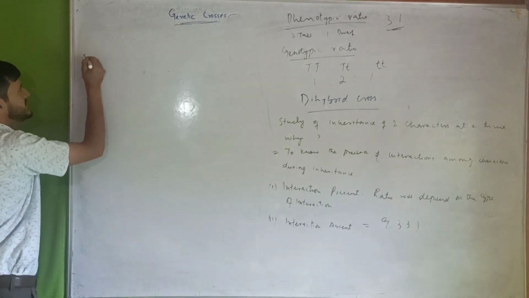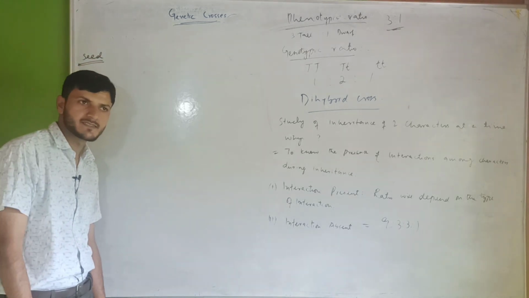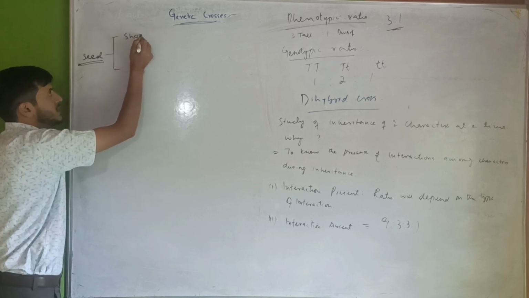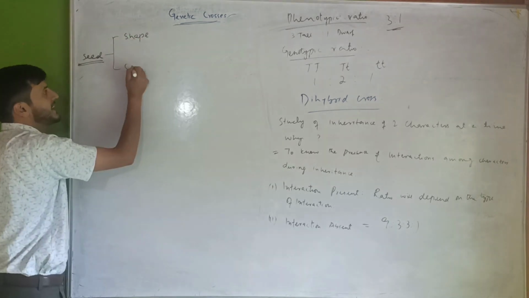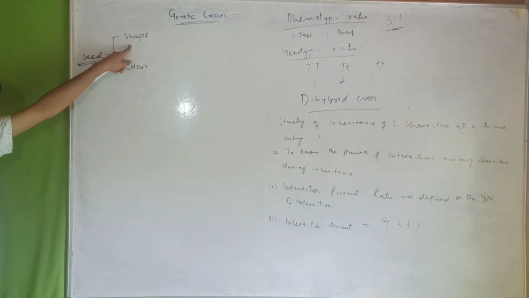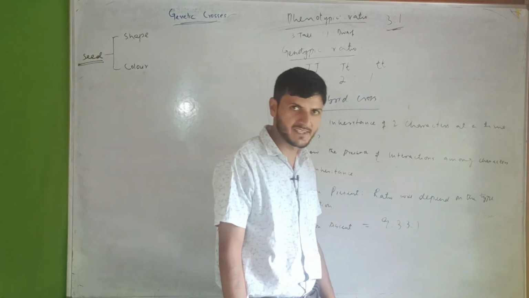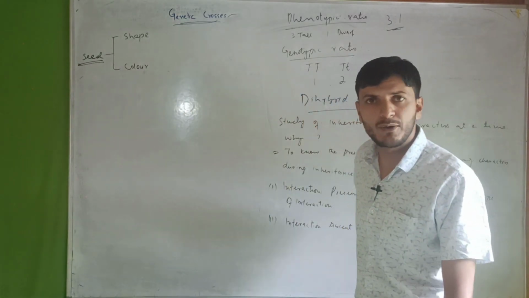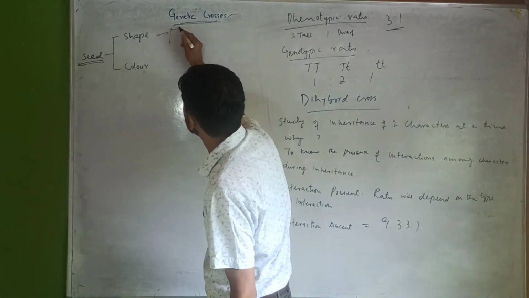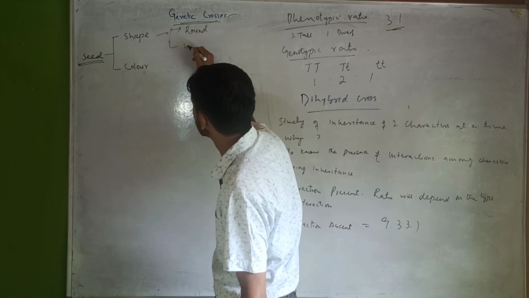Now, suppose in seed we take two characters: shape of the seed and color of the seed. Shape and color are two different characters of the seed, and every character has two different forms. For shape, it may be round or wrinkled.